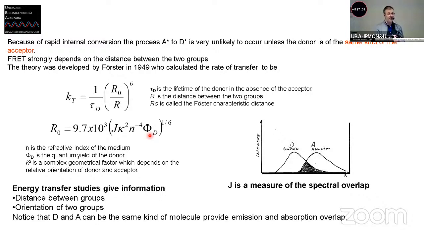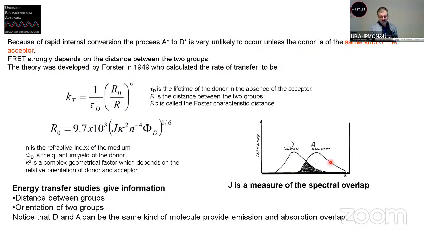The negative doesn't tell you much, because it can be that you don't have FRET, not because your molecules are not interacting, it's because they are not well aligned. And this is something that can compromise the use of FRET as a fair choice if you want to use this tool for molecular interaction in the cell.